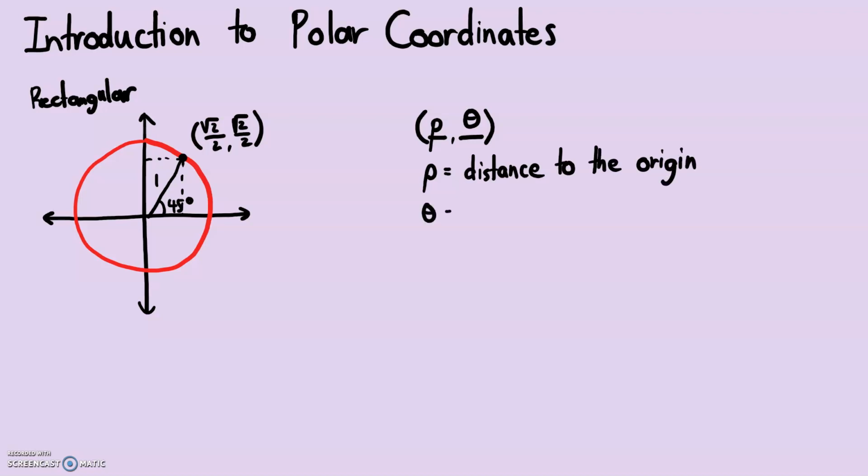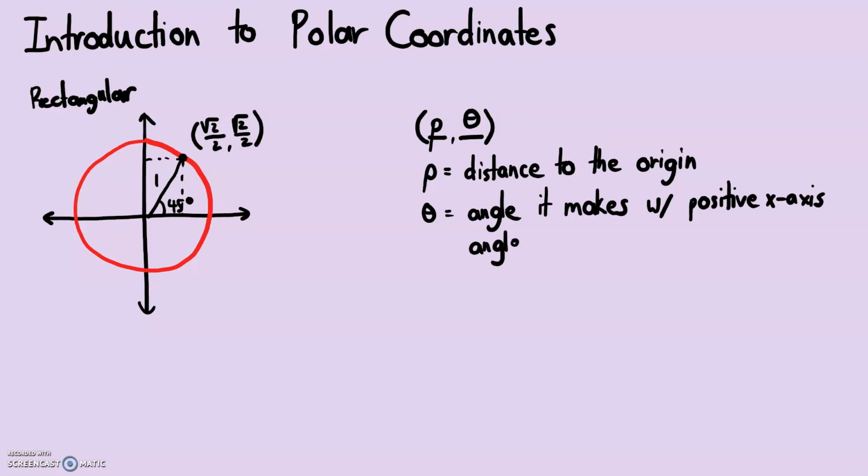And theta is the angle it makes with the positive x-axis, or you can think of it as the angle of rotation.